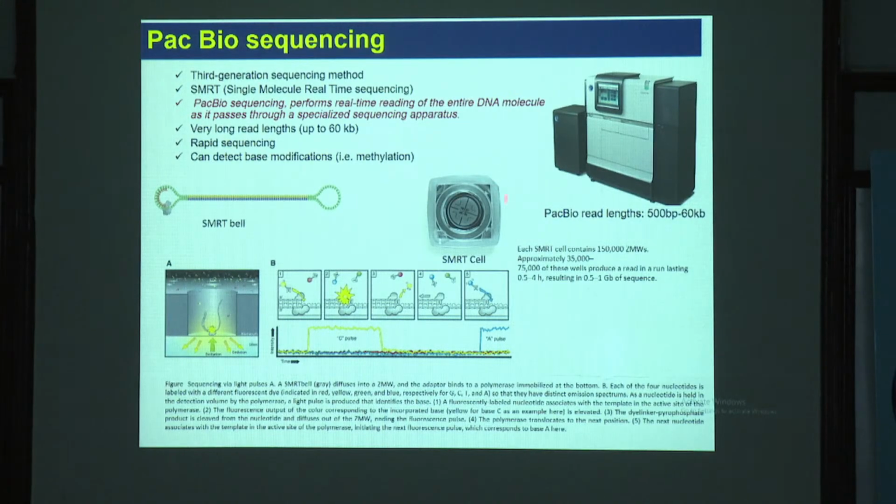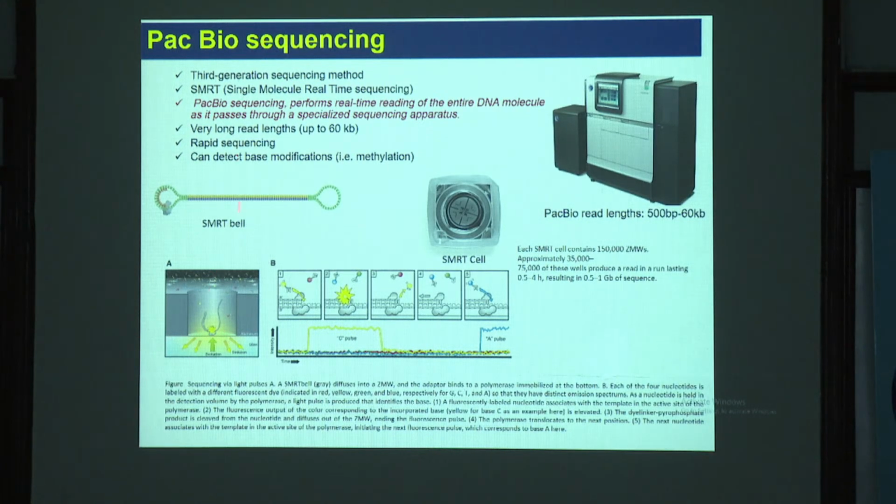And this is the SMRT cell where sequencing takes place. What happens here is there are millions of ZMWs, and at the base of each ZMW, a polymerase is embedded. So you can see here the polymerase in the ZMW.